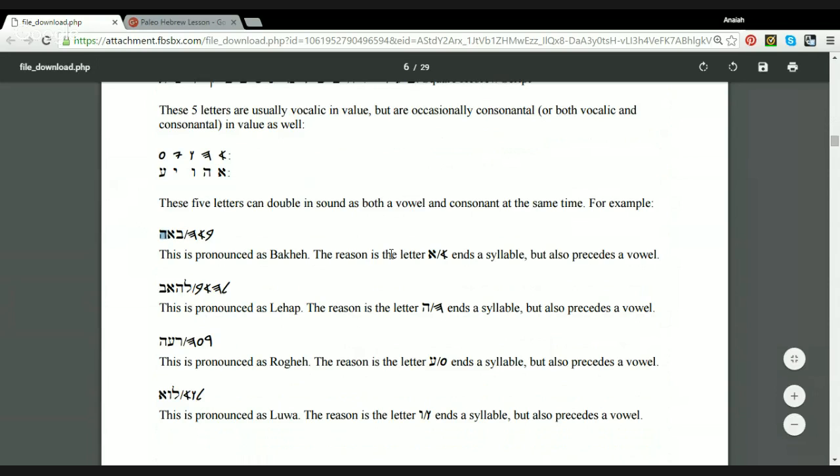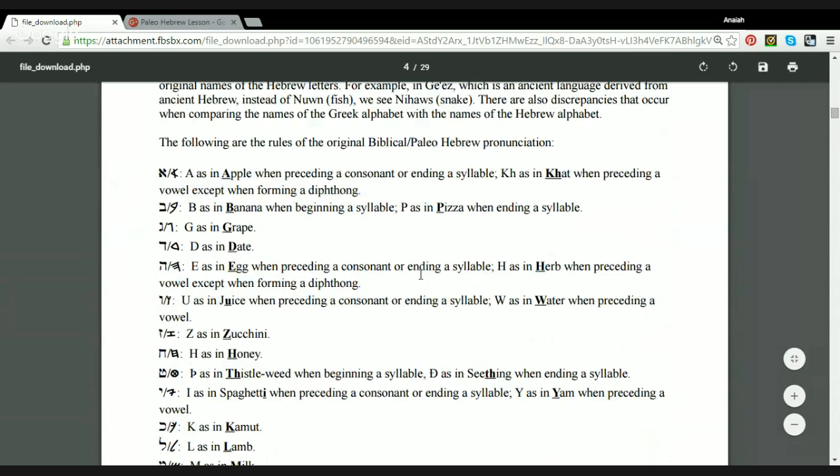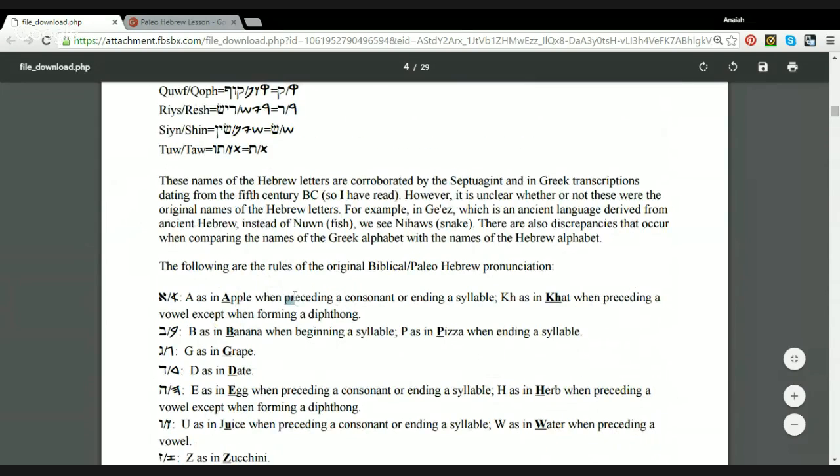So I say the reason is the letter aleph ends a syllable, but also precedes a vowel. And remember I told you the rules up here? When it precedes a consonant or ends a syllable, it is to be pronounced like this. When it's preceding a vowel, except when forming a diphthong, it's pronounced like this.